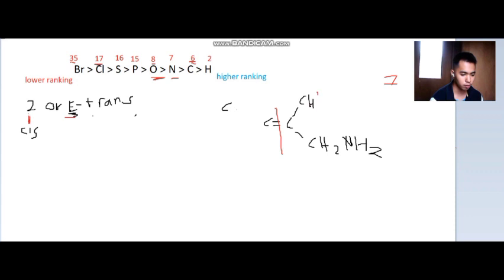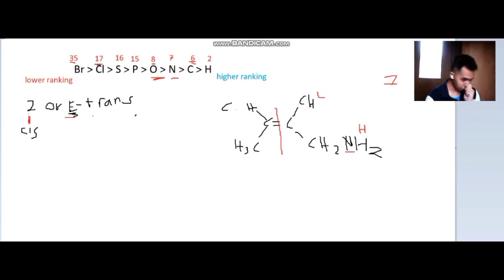So CH is lower than the H because there is a nitrogen present, and nitrogen is higher than carbon, which is only 6, and nitrogen has an atomic number of 7, which makes the CH2 and H2 rank higher than the CH in the upper bond. So on our left side, we are provided with an H in the upper level, and in the lower level we are provided with a CH3C.